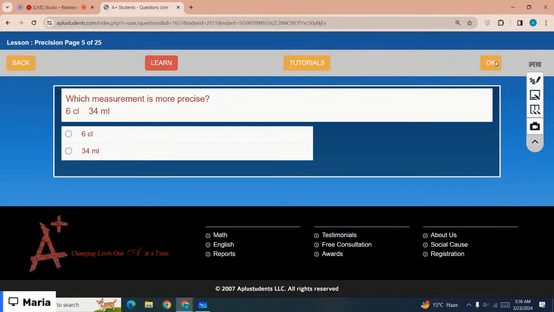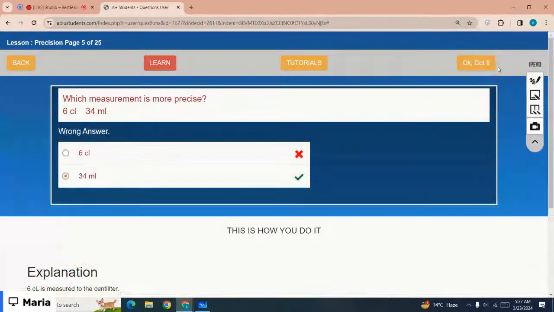Which measurement is more precise? Which is the correct option? The correct option is 6 centiliters because a centiliter is a smaller unit, right? Oh, sorry, a milliliter is a smaller unit.